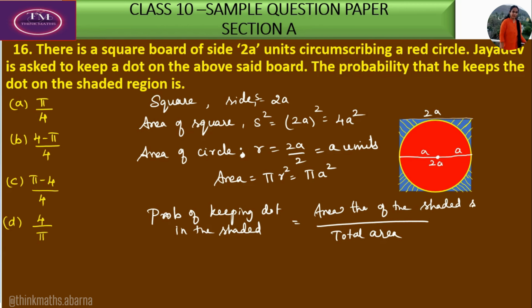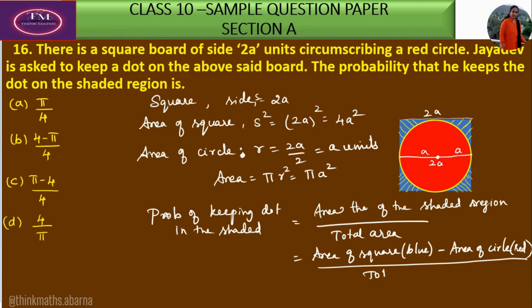So the area of the shaded region is the area of the square minus the area of the circle, divided by the total area.